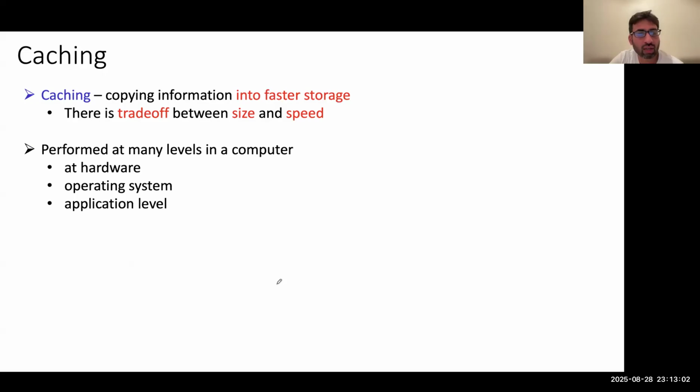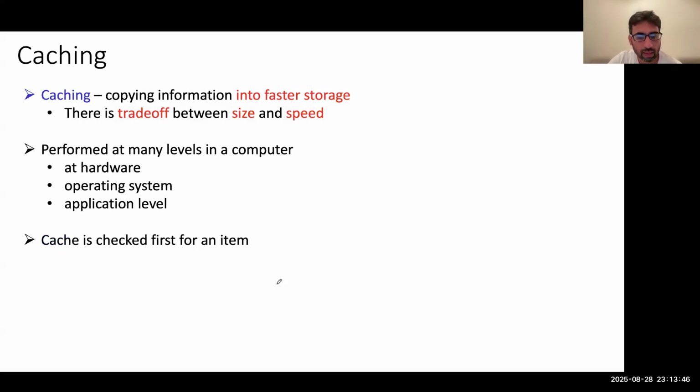For example, the operating system may have a piece of code which will prefetch the data from memory before it is actually used. Why will it prefetch? Because it can predict that this data will be required in the near future. So instead of waiting for the time when it is actually required, the operating system can bring the data into memory or cache, and then use it, because it is readily available at the time when it is needed.